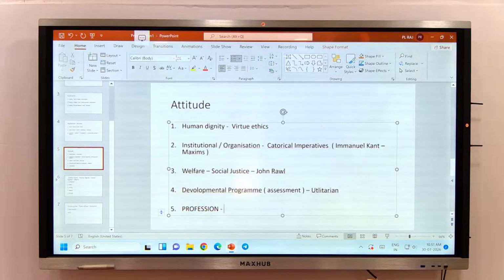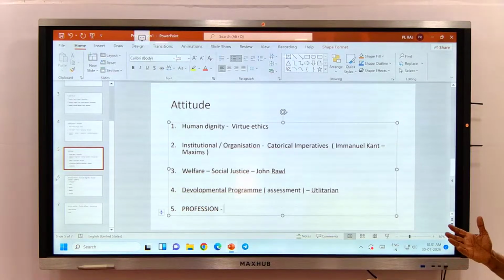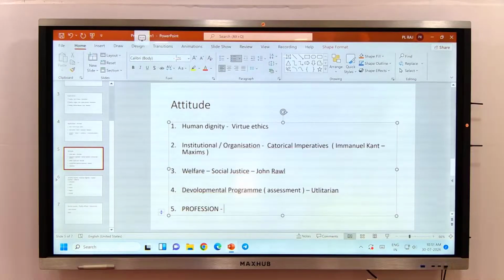Some cases deal with legal problems, judicial problems. Some cases deal with trade problems, in which the professions deal with applied ethics.